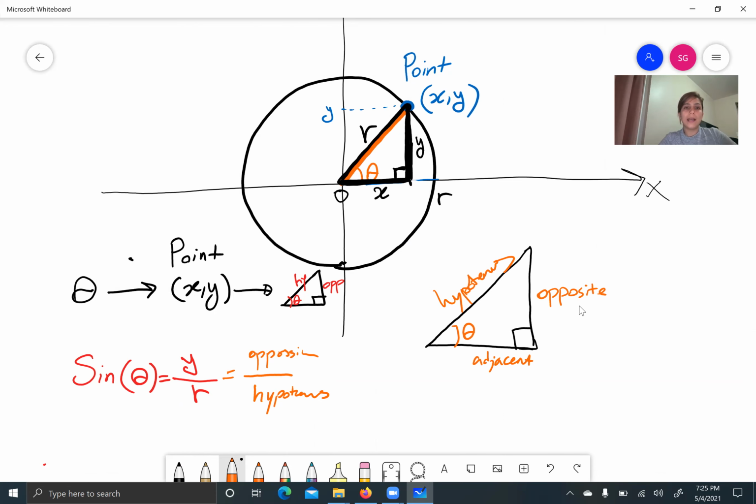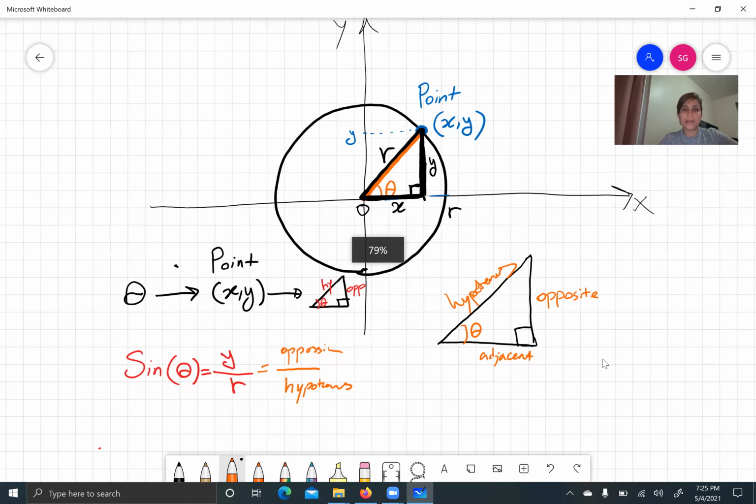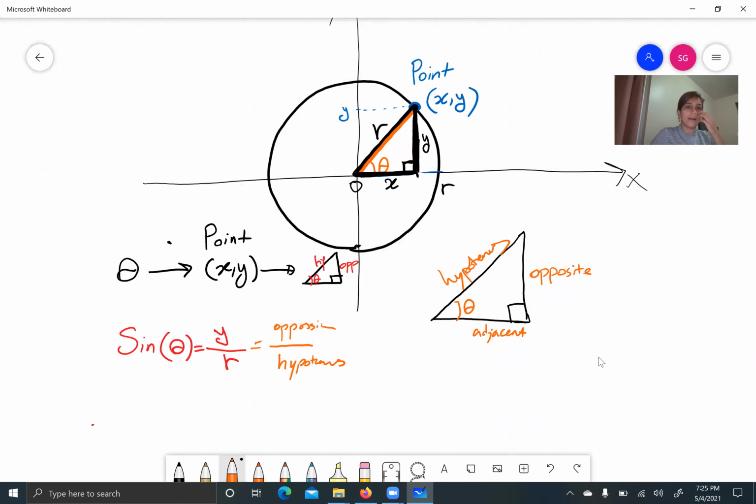It doesn't matter which way you want to represent it. Anyway, when you have the angle, you have that x, y value, you have the values of those triangle, you can calculate that number. That number, we call it sine of that angle.